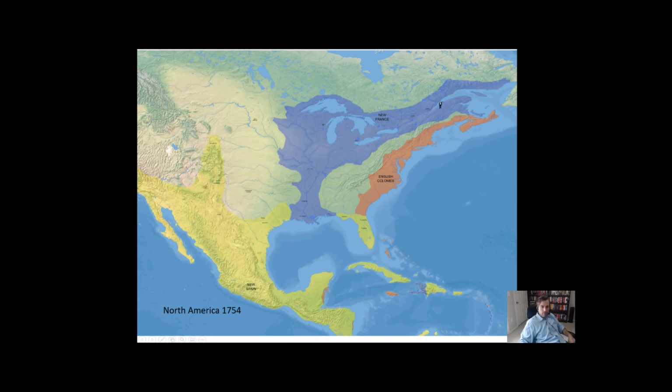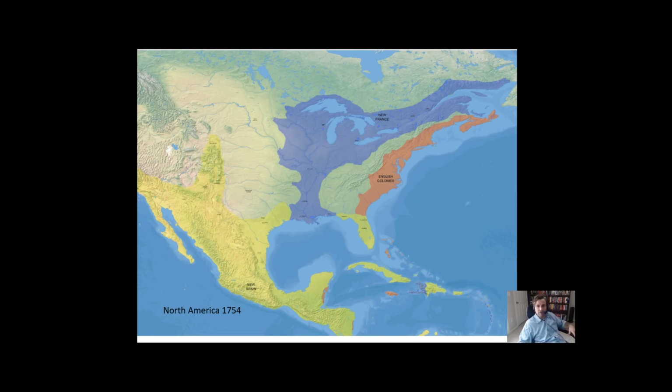You'll see a handful move to Canada, but some are going to hear about Louisiana and how there's a decent amount of land still available down there. And you'll see about 5,000 Acadians.